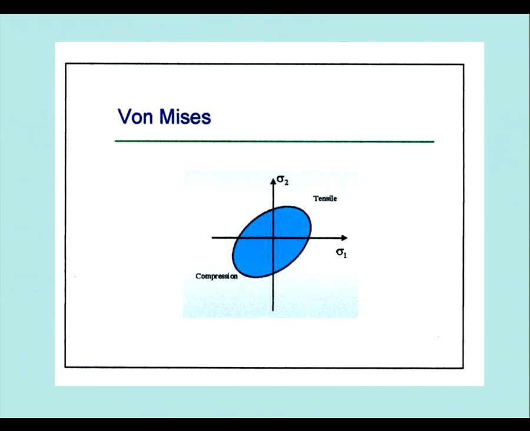If I do the ellipse, this works out amazing. And that's 0, 0. So this is hoop, and this is axial. Well, I've got no other loads, I just put pressure in.